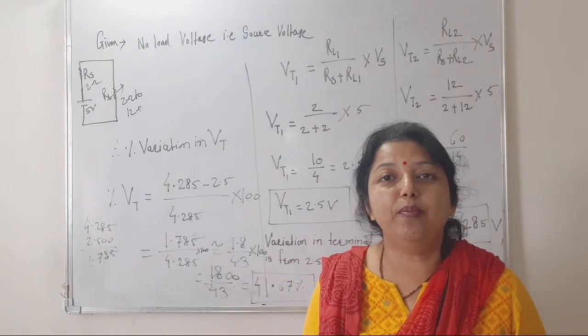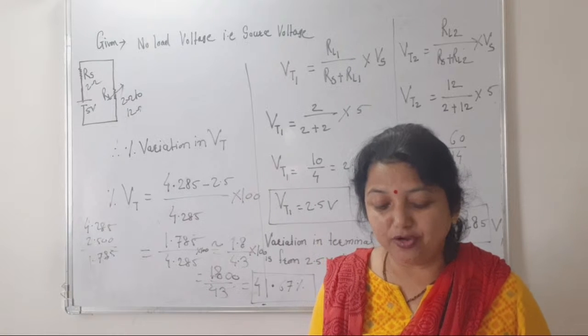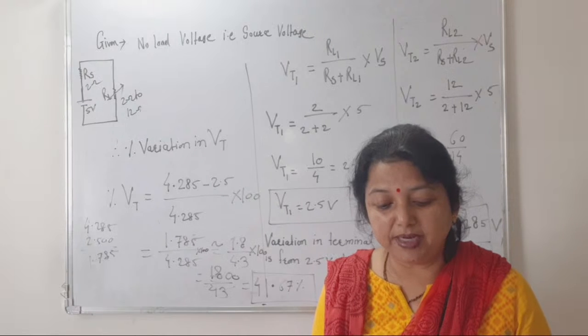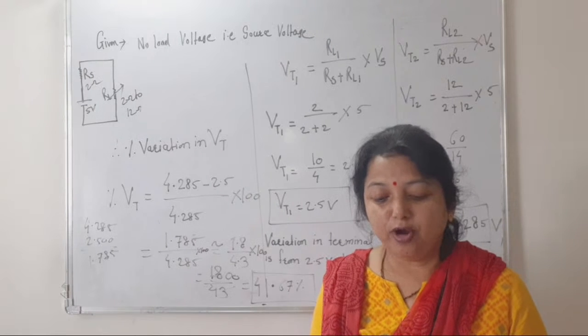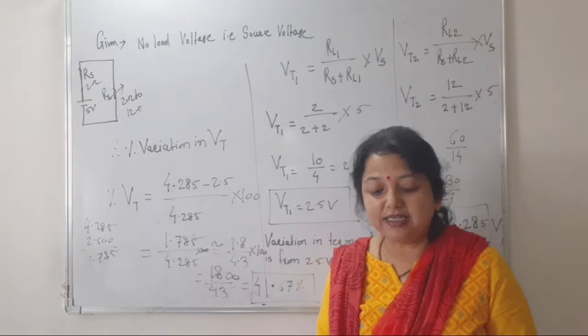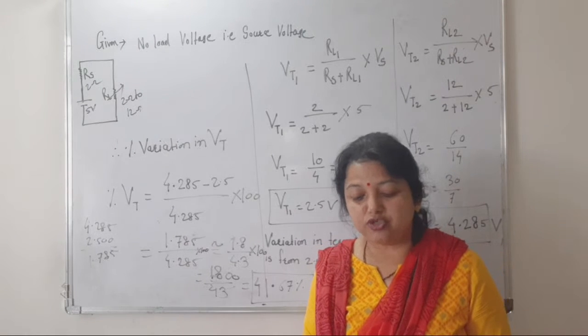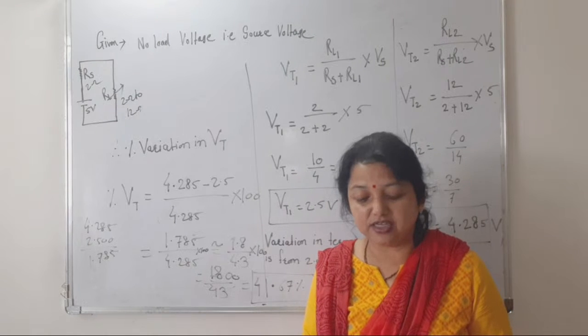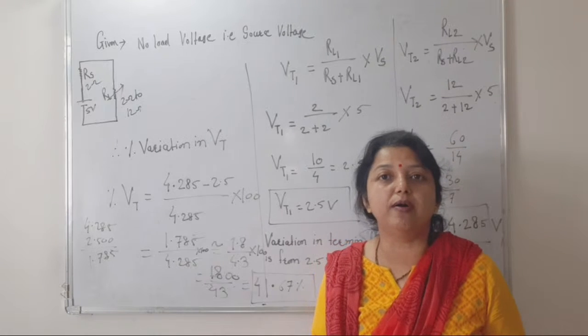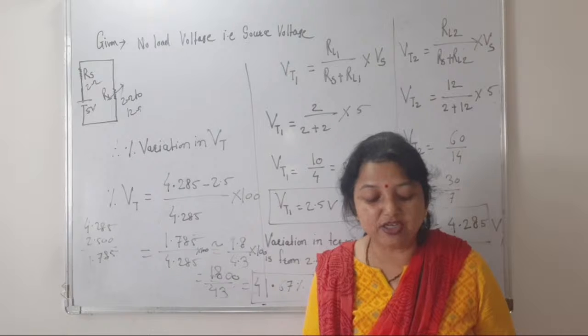Let us see how many of you are able to simplify that numerical in the proper way. Mark that numerical, page number 36, problems for practice, first numerical. A DC source has no load voltage of 3 volt. Write down the given data: Vs is equal to 3 volt and internal resistance of 2 ohm, therefore Rs is equal to 2 ohm.